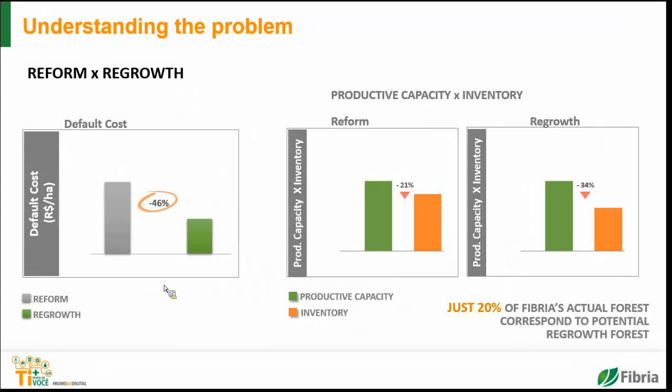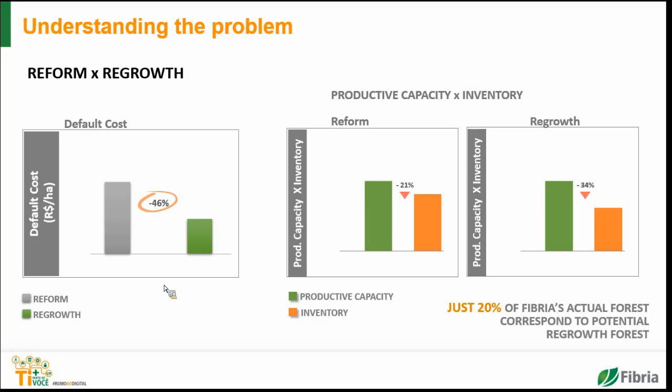And comparing the productive capacity and inventory, in the reform you have like 21% less, and 34% less when you talk about regrowth.